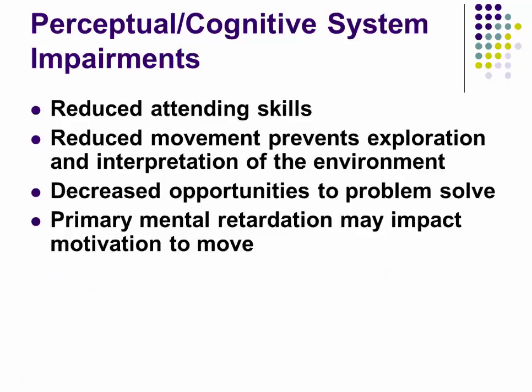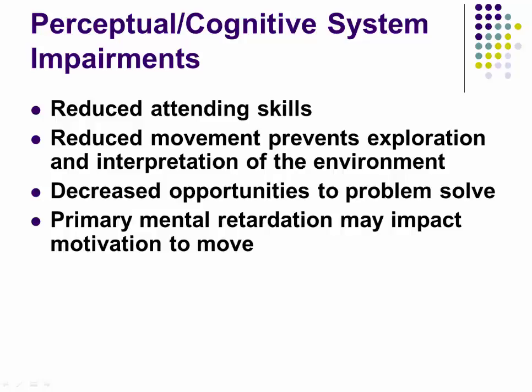The next system we're going to look at is the perceptual and cognitive system. Children with CP tend to be more distracted. They don't attend to tasks as long, making it more difficult to practice actions that are required for learning new movements. Infants explore the world and discover how they can act on the world and the consequences of those actions.